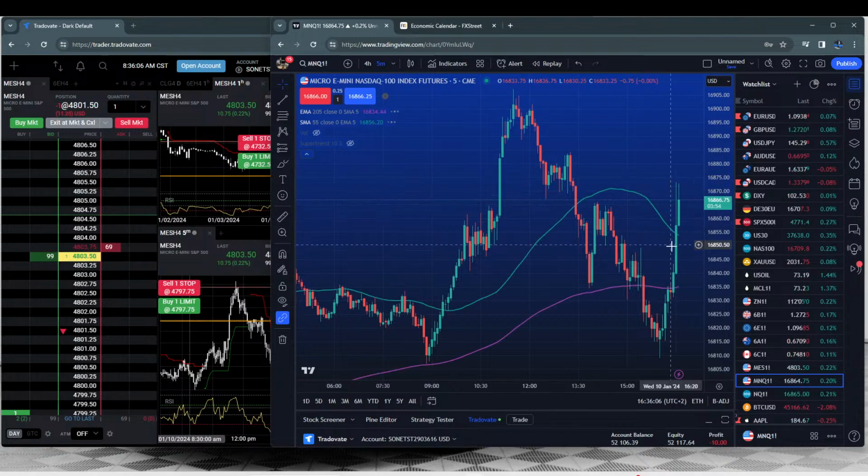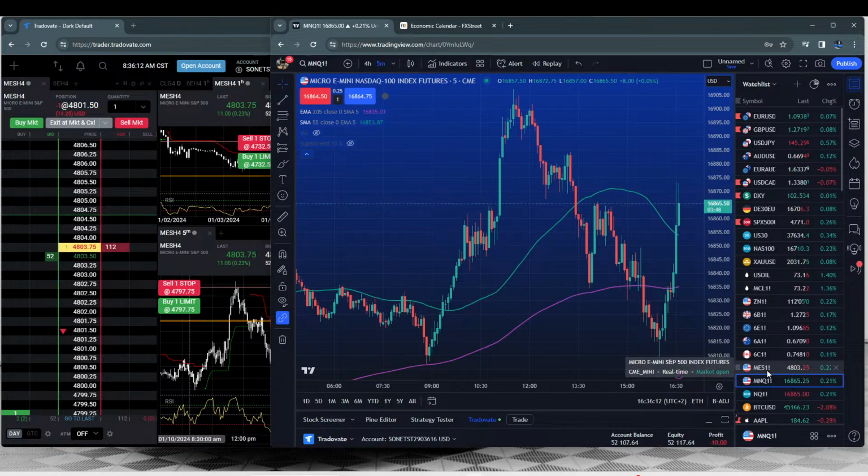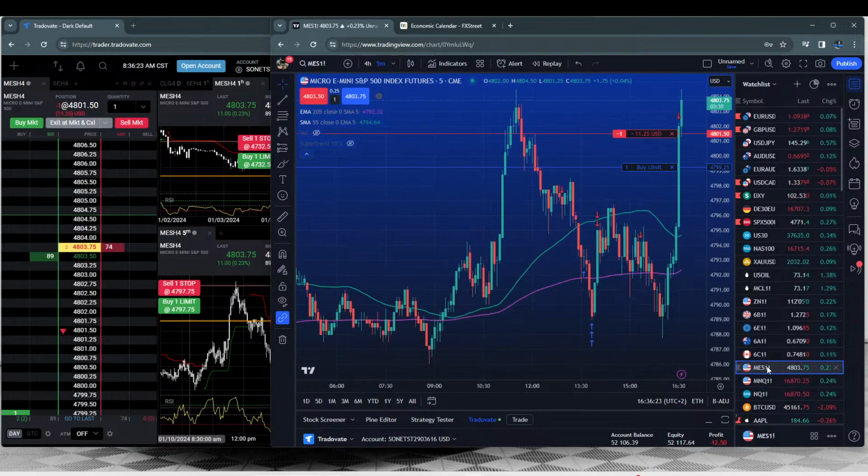We see that Nasdaq is lagging, and this will put a break on S&P. You can use those two markets as a correlation comparison tool. You can call it however you want.